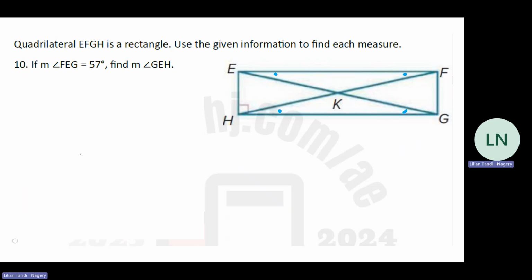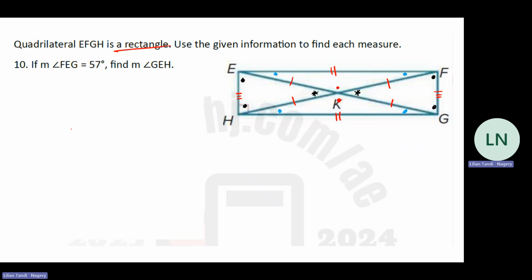I also know this side is the same as that side, and opposite sides must be congruent. So those are my rules because I saw the word rectangle.